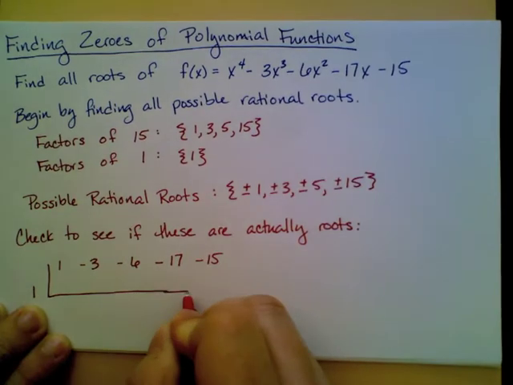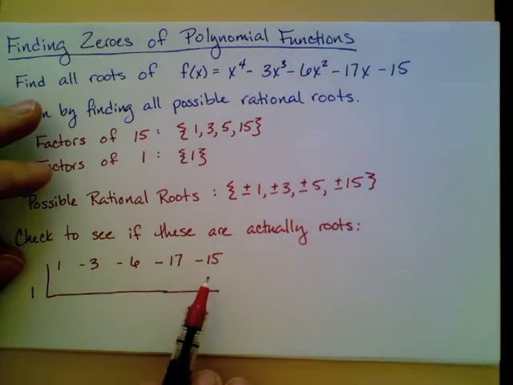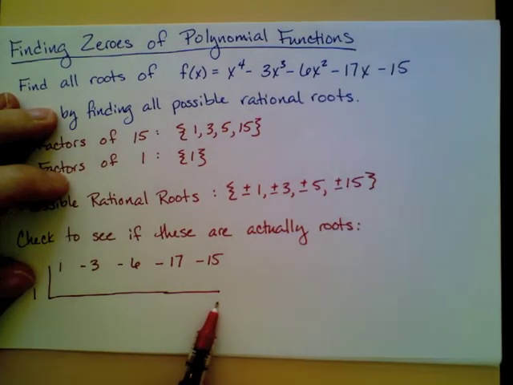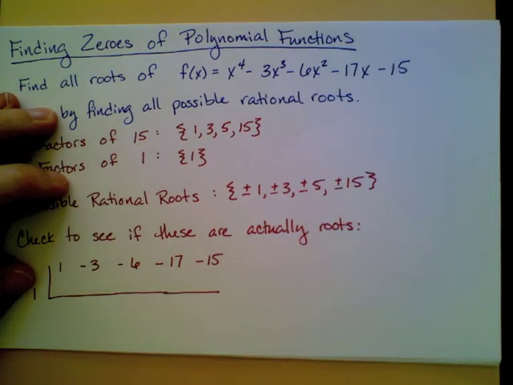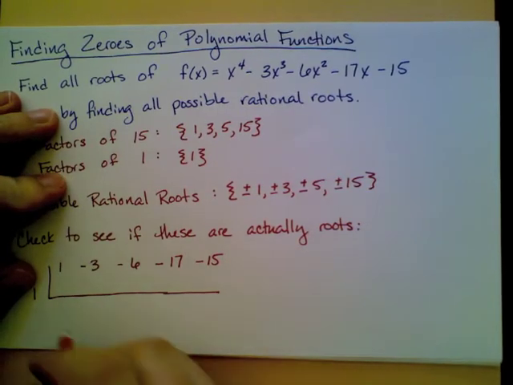All right. So if 1 is a root, then this division will give me a remainder of 0. And I'm just using the synthetic form to make it faster.